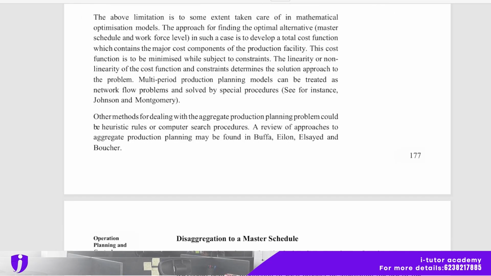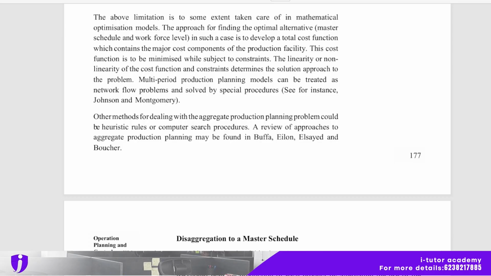The above limitation is to some extent taken care of in mathematical optimization models. The approach for finding the optimal alternative in such a case is to develop a total cost function which contains the major cost components of the production facility. This cost function is to be minimized subject to constraints. The linearity or non-linearity of the cost function and constraints determines the solution approach to the problem.